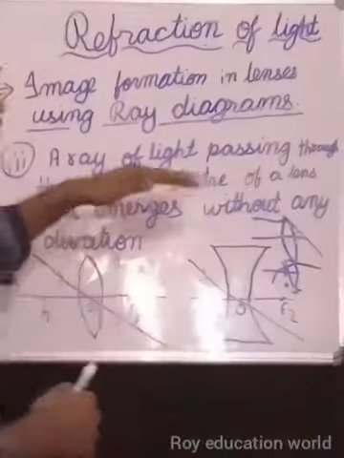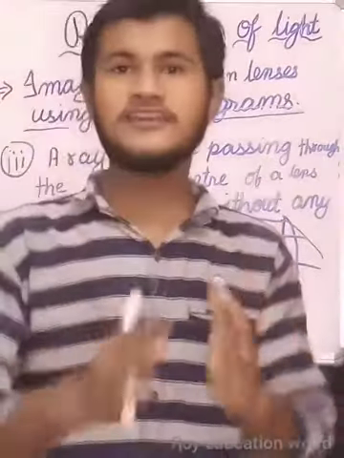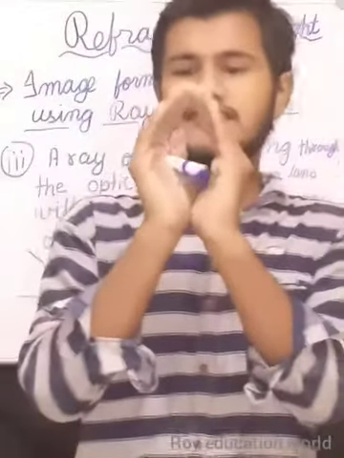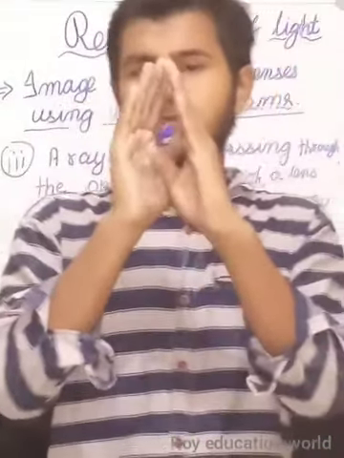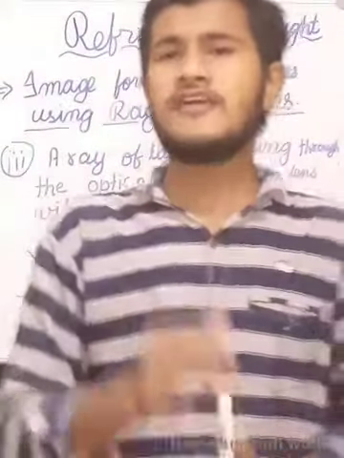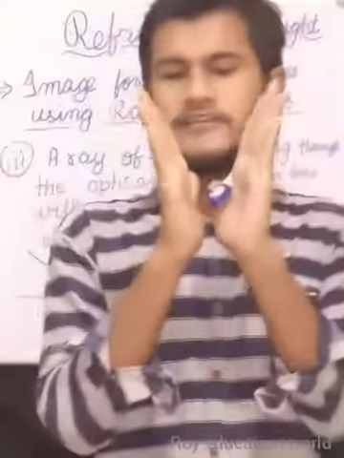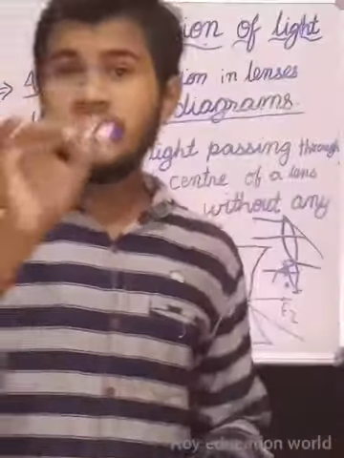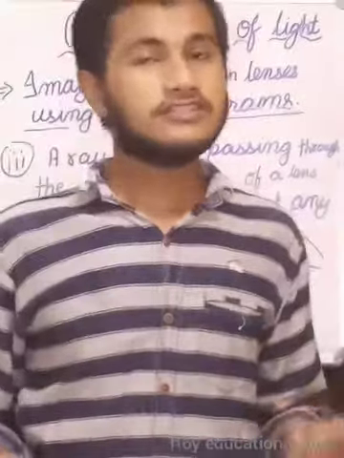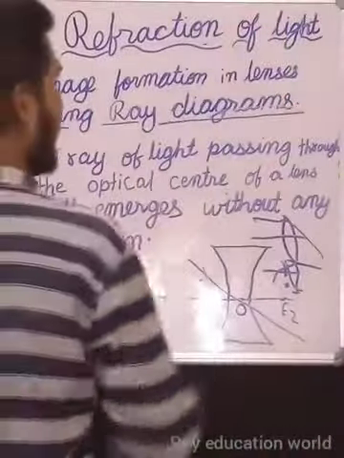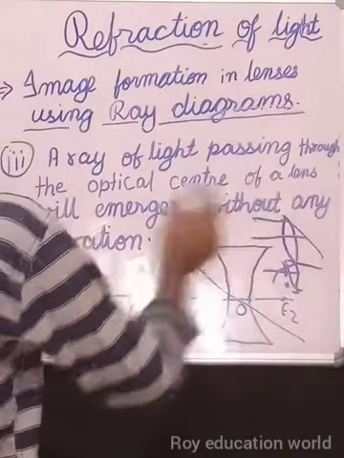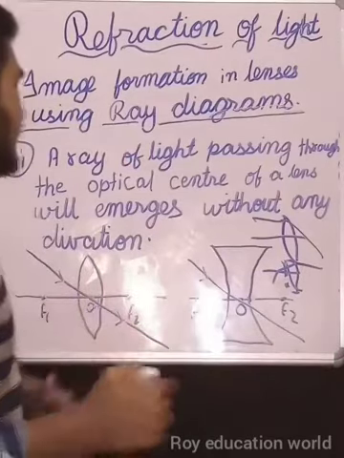See here, a ray of light passing through the optical center. This is a convex lens, and here is the optical center. This is a concave lens, and here is the optical center. The midpoint of a lens is known as the optical center. A ray of light passing through the optical center of a lens will emerge without any deviation.